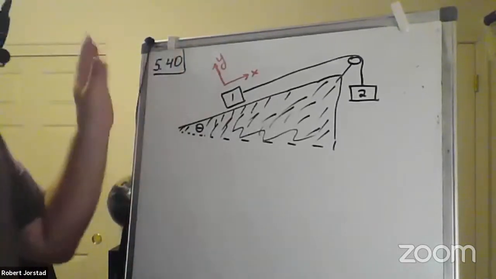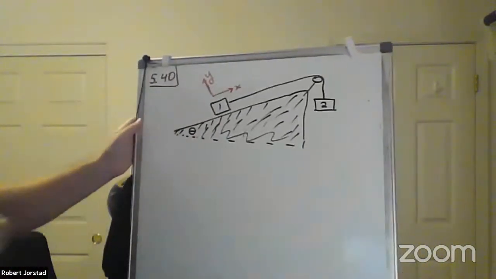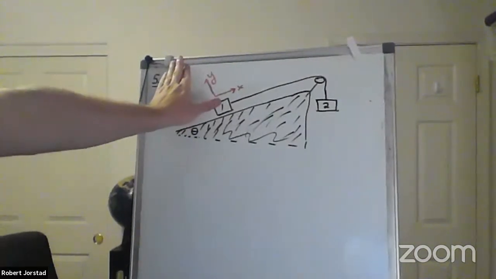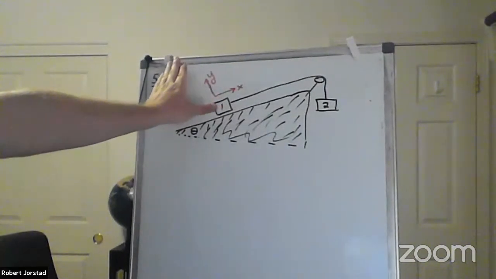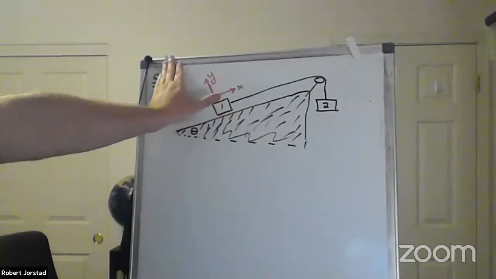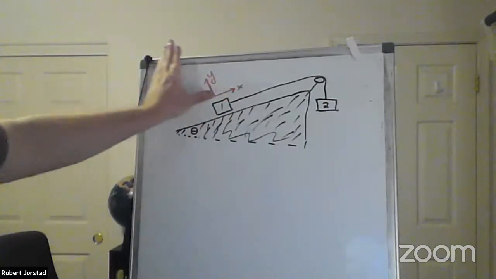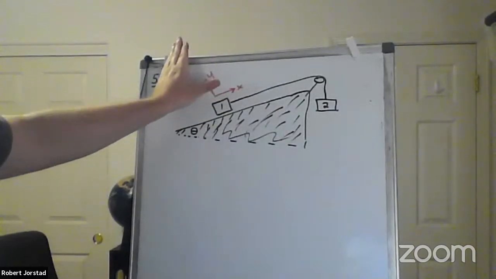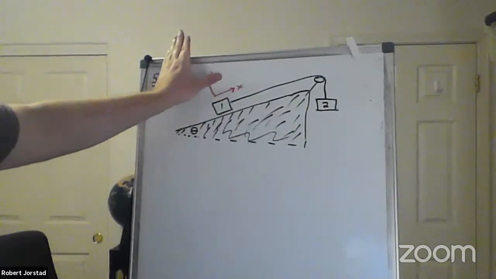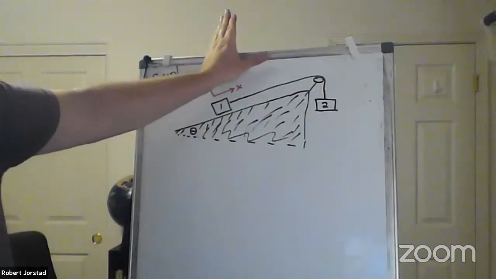Imagine my hand is this coordinate system. I've got to scoot it back so I have some room here. Imagine my hand is this coordinate system, right? I'm lining up my thumb with the string in the direction the way this block is going to accelerate. Watch what happens as my thumb follows the string around the pulley.